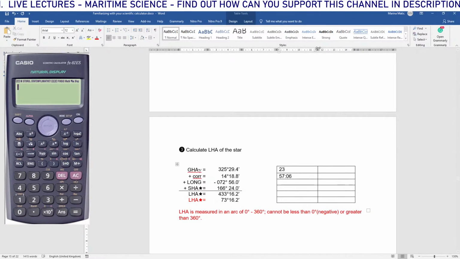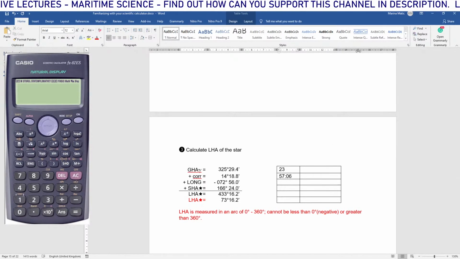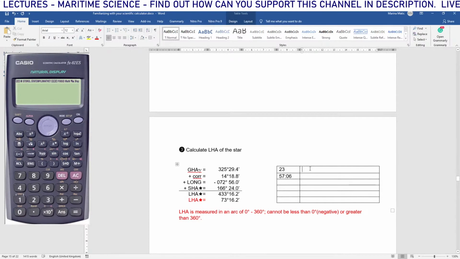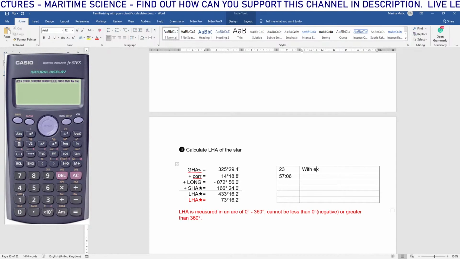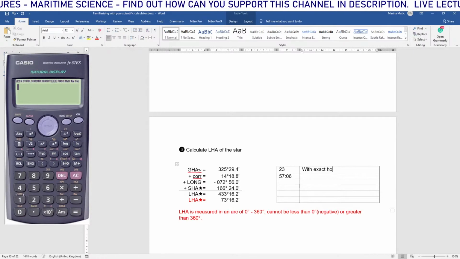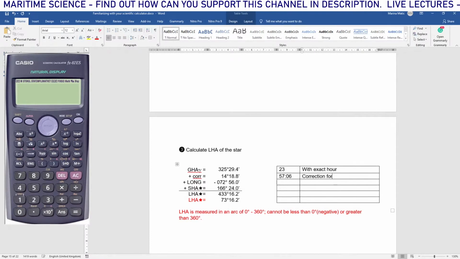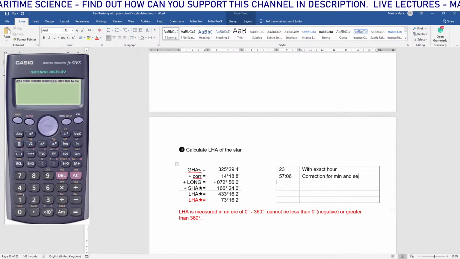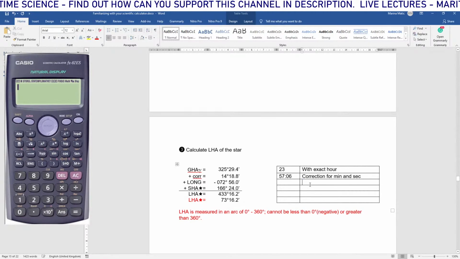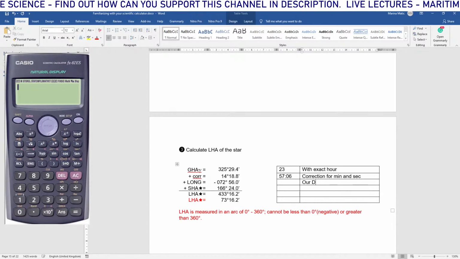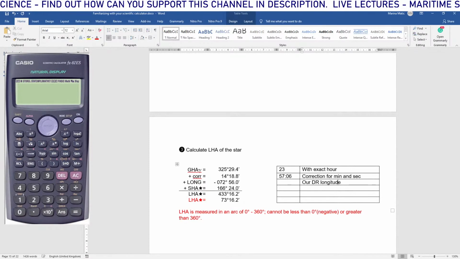So this doesn't have to be that large, this needs to be large. So this is with exact hour. This is correction for minutes and seconds. This is RDR longitude.